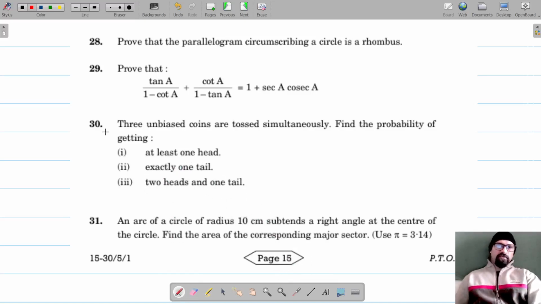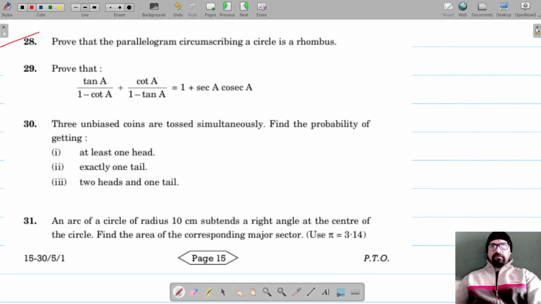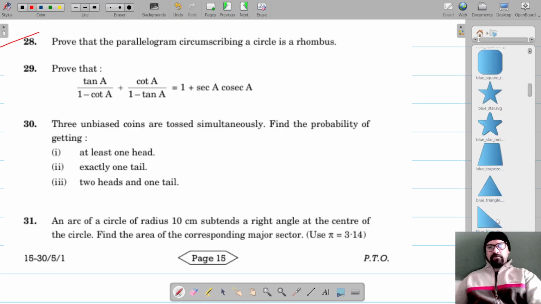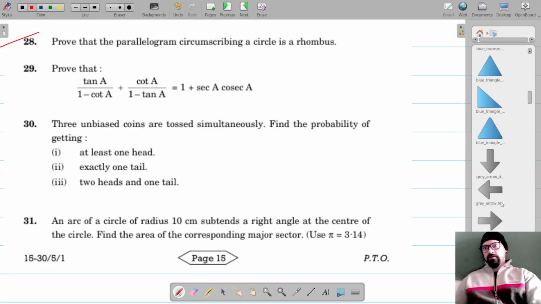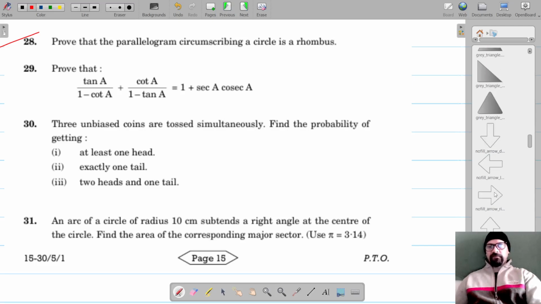For the next question, question number 28, we have to prove that a parallelogram circumscribing a circle is a rhombus. So let's draw our circle first. A parallelogram circumscribing a circle means that the circle is touching the parallelogram on all four sides.